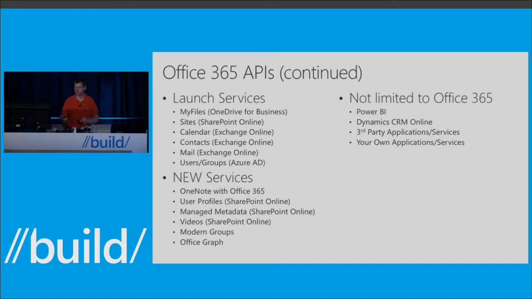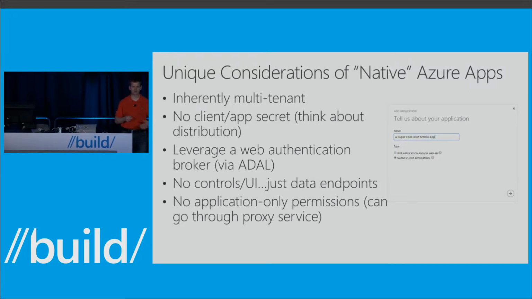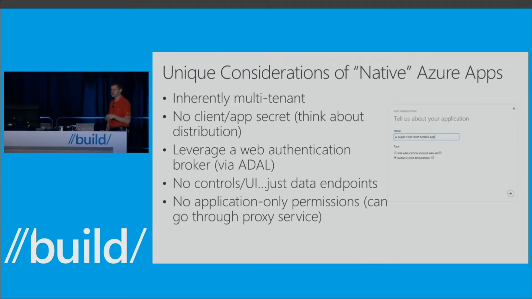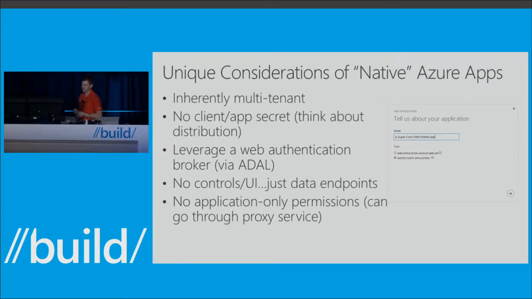One important thing to talk about here is what's unique about native apps. So when you go and create an app inside of Azure Active Directory, you have a choice. You can create what we call a web app or a native app. And there are some key differences in a native app. So if you've ever worked with these before, there's a few things you're going to need to know. One is a native app is inherently multi-tenant.